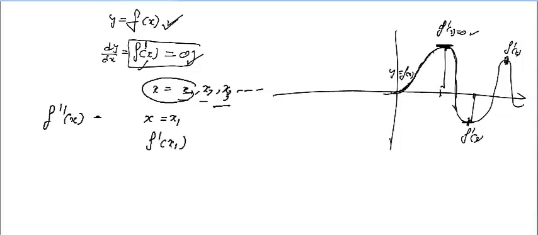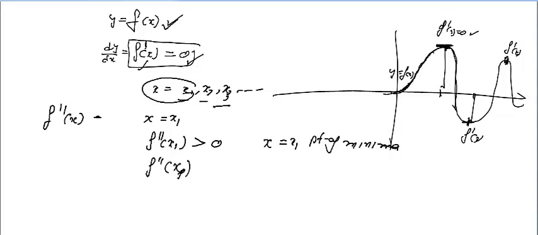If you are getting the double derivative greater than 0, then x equal to x1 is the point of minima. Why it is so, I will explain. And if you are getting the double derivative at x1 less than 0, then x equal to x1 will be the point of maxima.